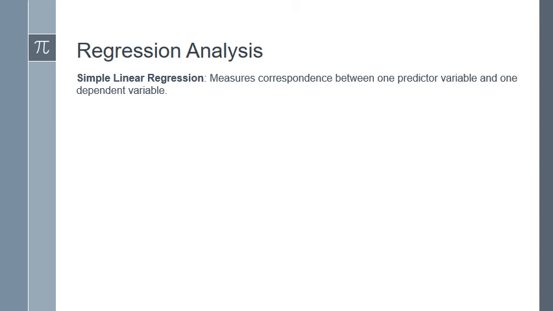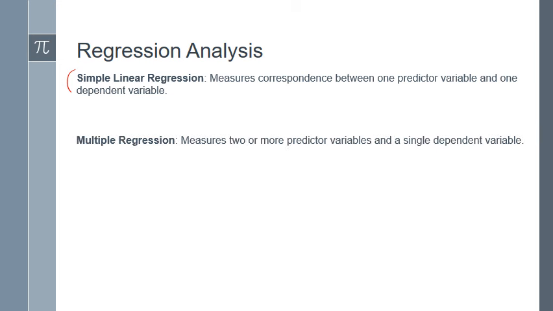In simple linear regression, you measure the correlation between one predictor variable and one dependent variable. So yes, there is overlap between simple linear regression and correlation, because it's the same idea, just now you're recognizing a predictor variable and a dependent variable. Don't worry about the difference between them, because for all practical purposes they're the same.